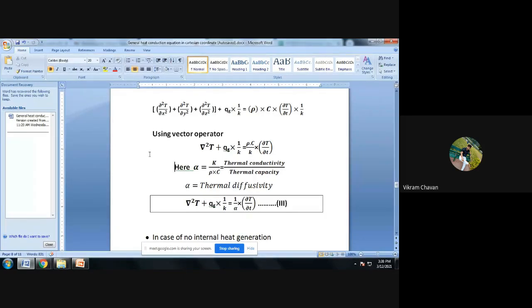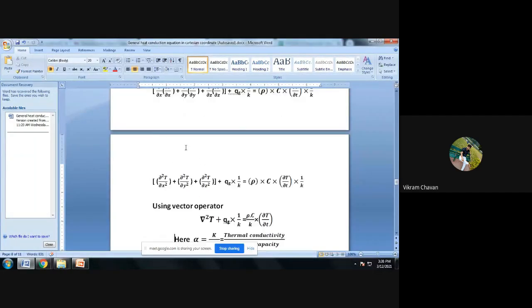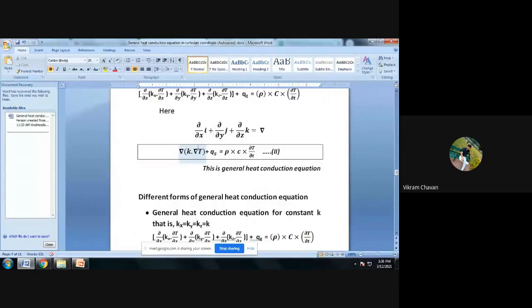In the last lecture, we discussed the general heat conduction equation. We derived it as del of K multiplied by del of T plus Q suffix G is equal to rho multiplied by C multiplied by dabba T divided by dabba small t.